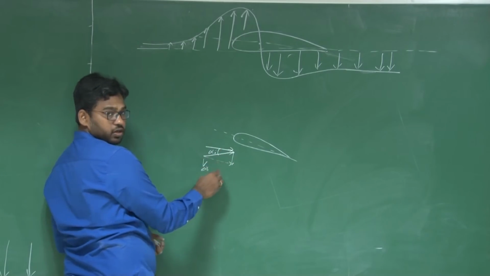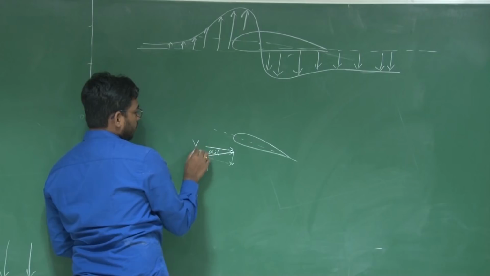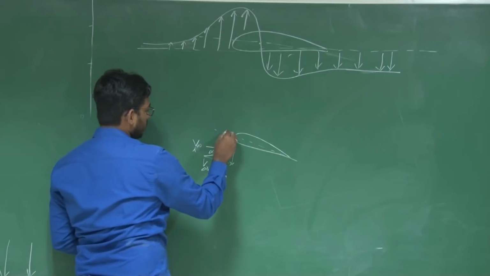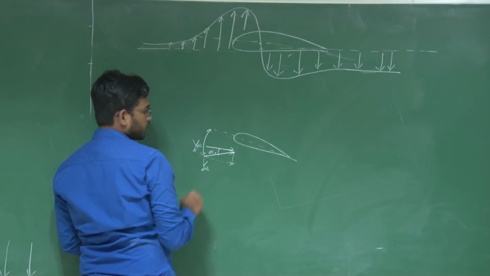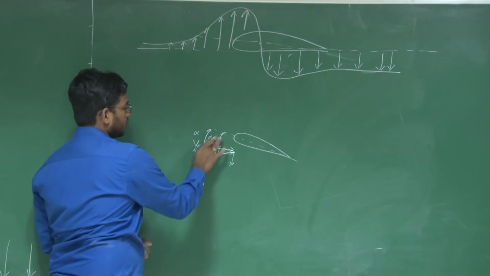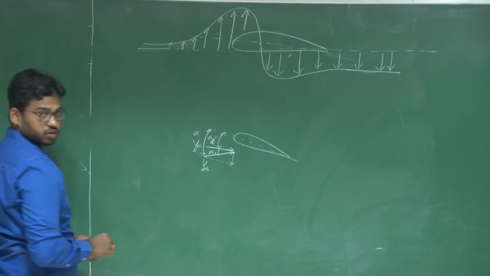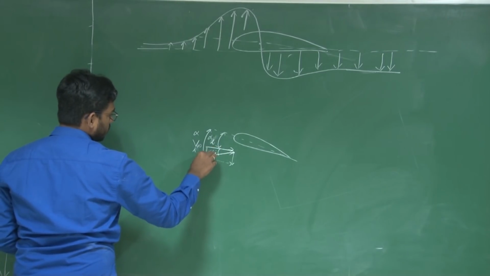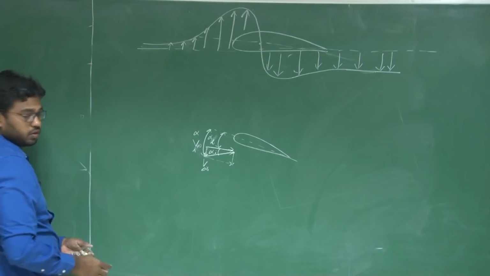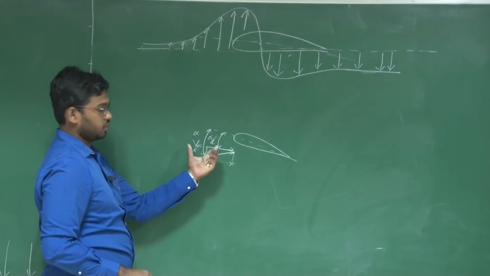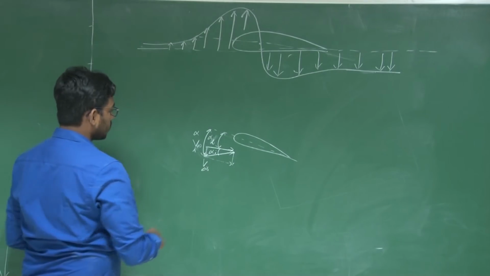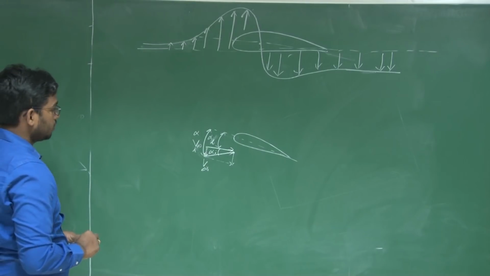This is the local velocity direction, and say this is my actual angle of attack and this is my effective angle of attack, or the local angle of attack. This quantity is the downwash, and these two are the same. This downwash is affecting the flow at a particular span-wise location, and that causes an induced angle of attack, alpha I.